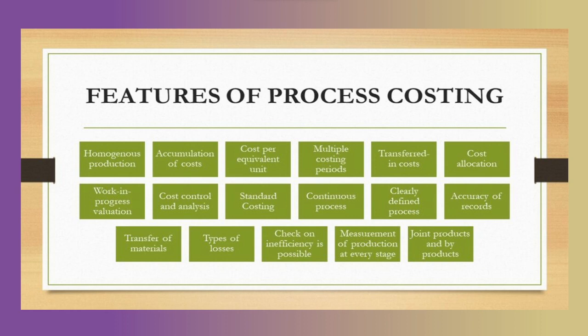The finished products are uniform in all respects such as shape, size, weight, quality, design, color, or any chemical components. The output of one process is the input of the next process. That is another important feature of process costing.